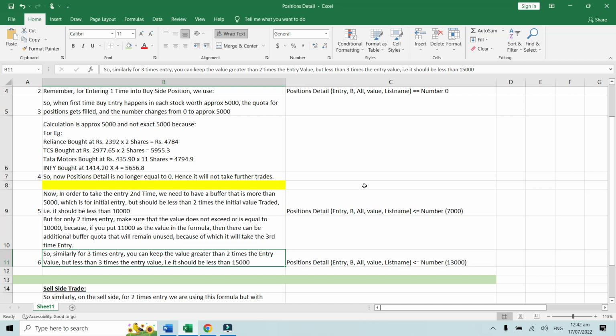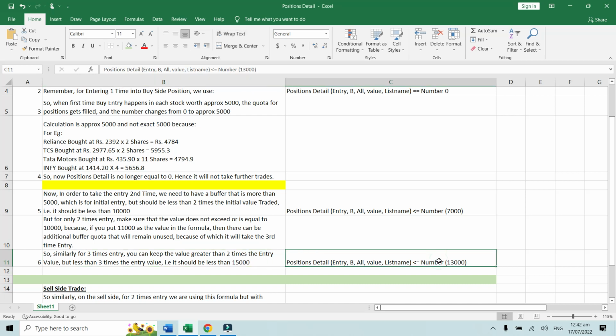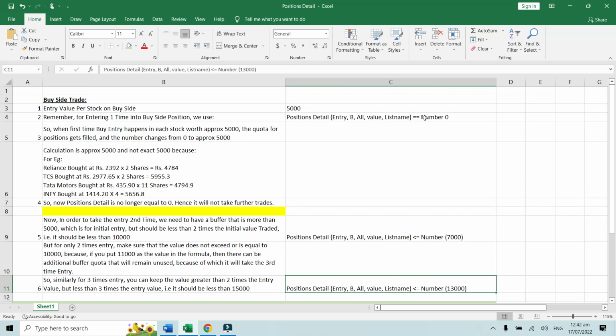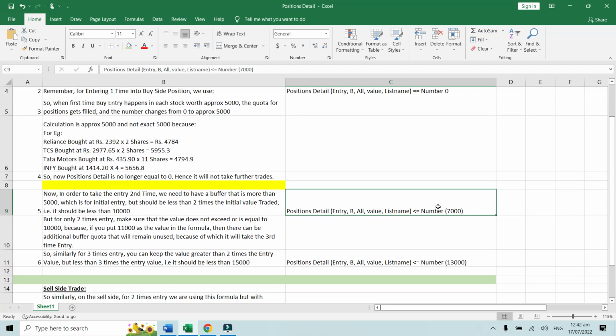So for third time entry, if you want to take it on either the buy side or sell side, then in that case position detail buy value should be around 13,000, because 5,000 means one time entry, 10,000 would be around 2 times entry. So that's the reason why we are using 7,000 in this case. The third time entry would be basically around 15,000, right?